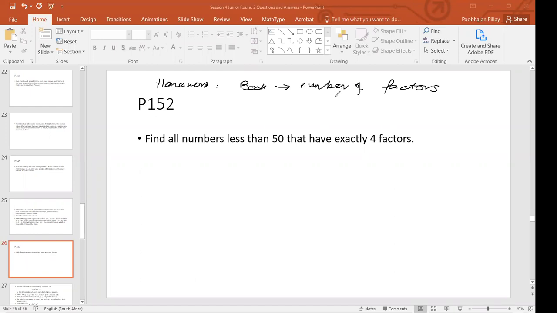Now there is a formula for the number of factors for a given number. I'll give you an example. You can read through the book and see where it's coming from.